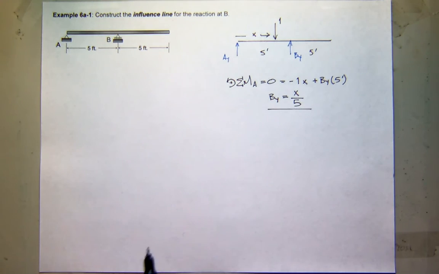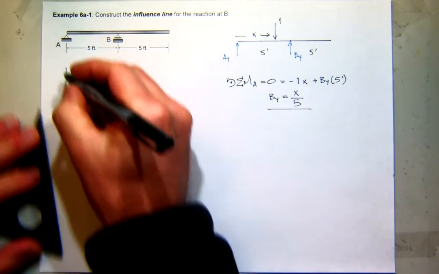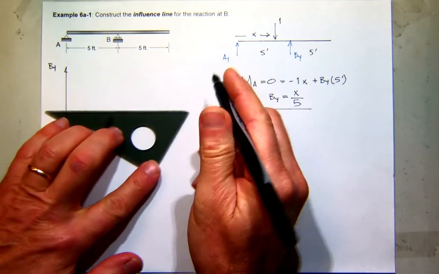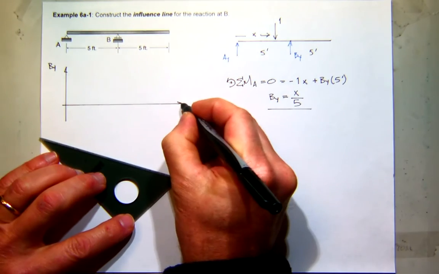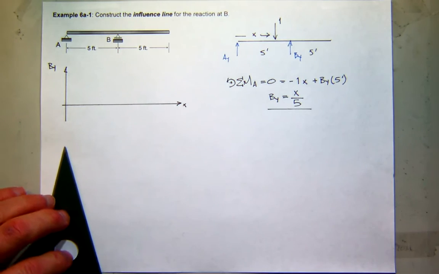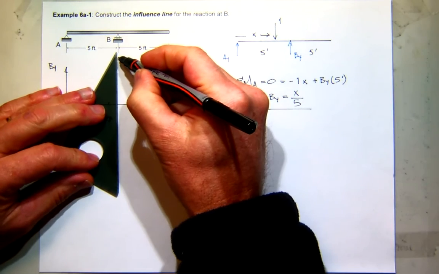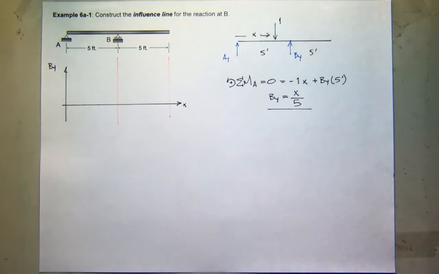That's pretty easy to plot, don't you think? So I'll come over here. Remember, I'm looking for By as a function of my moving load. And just to keep things in place, I'll extend a couple of lines here. So we just need to plot that.